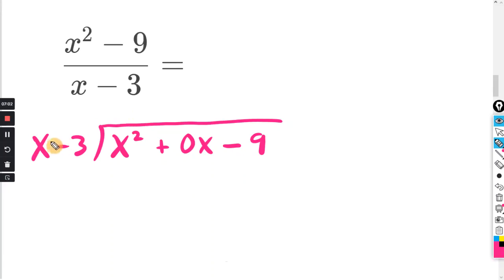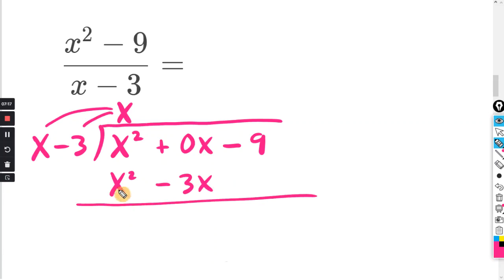Okay, what times x gives us x squared? Well, that's just x. Distributing, x times x is x squared. X times negative 3 is negative 3x. You want to subtract this whole thing, so use parentheses.